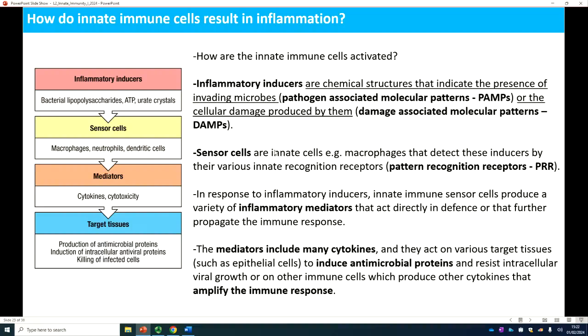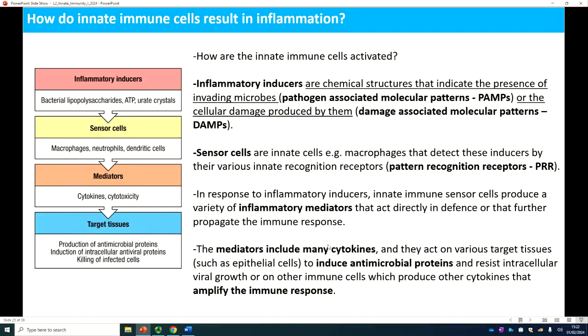And upon recognition of these inflammatory inducers, the innate immune cells can produce a variety of inflammatory mediators. So these can be our cytokines, which are our cell signaling molecules. And they can play a direct role in the defense, or they can help to further propagate our immune response.